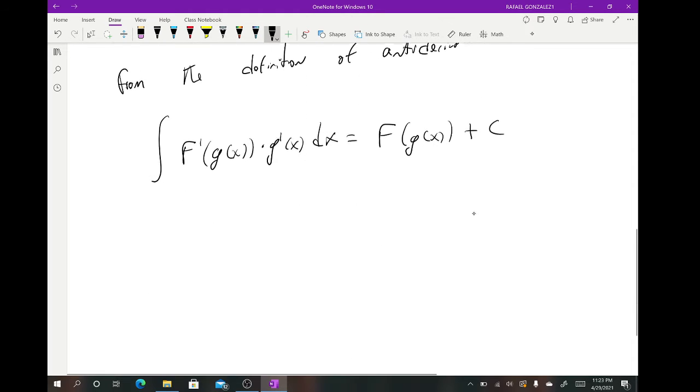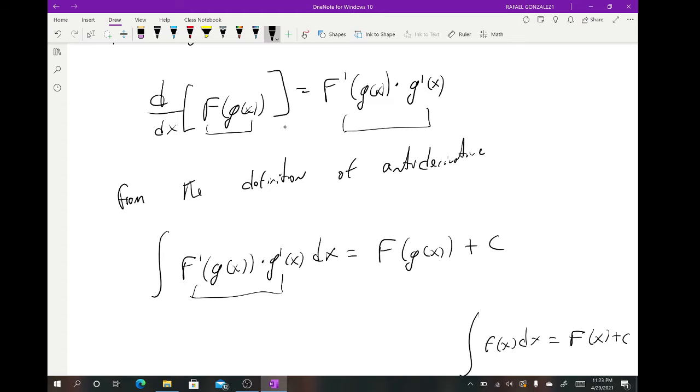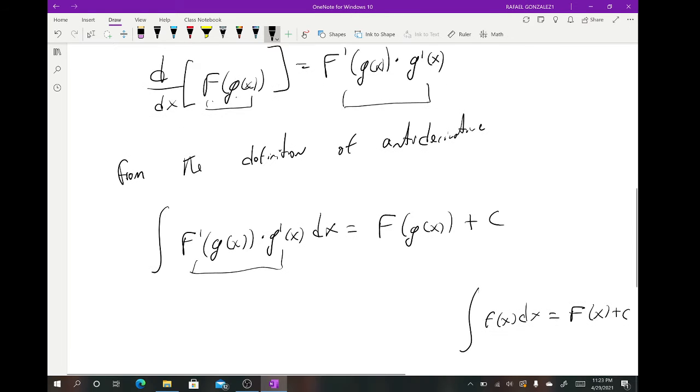Remember, if you're given the integral of f of x dx, that is equal to the antiderivative of f plus c.